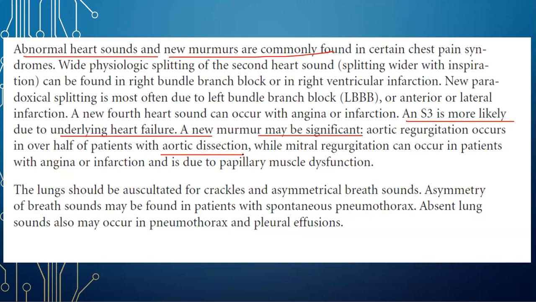Similarly, mitral regurgitation can happen in myocardial infarction. If you get bibasilar crepitations in the lungs, you should think about heart failure. And if it's a new onset heart failure, you should think it could be a complication of MI causing heart failure. That's also one of the important things you should remember.